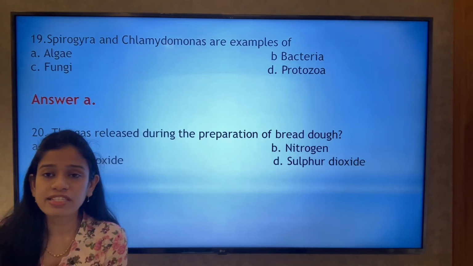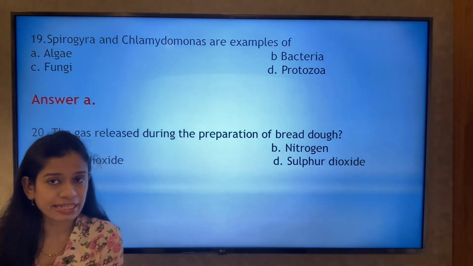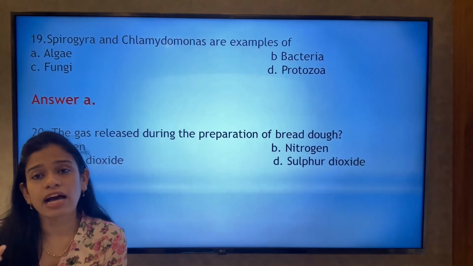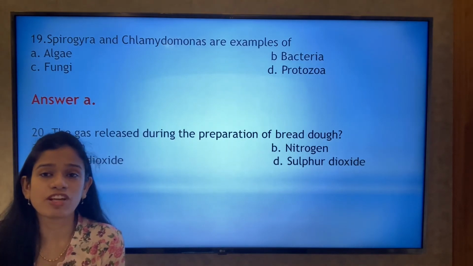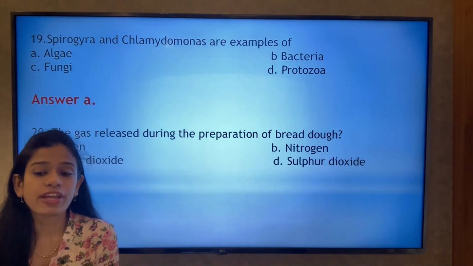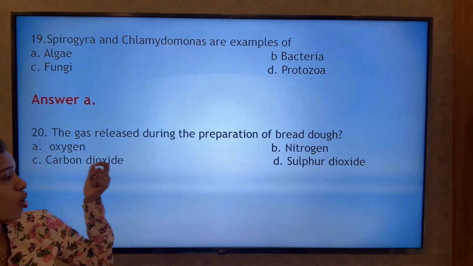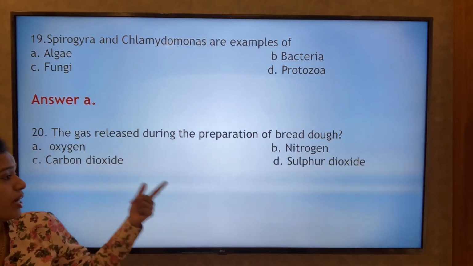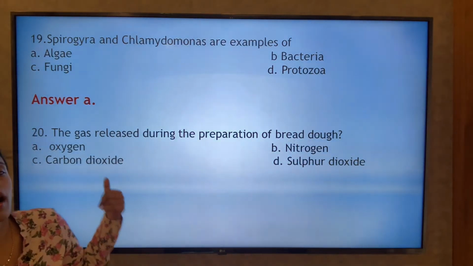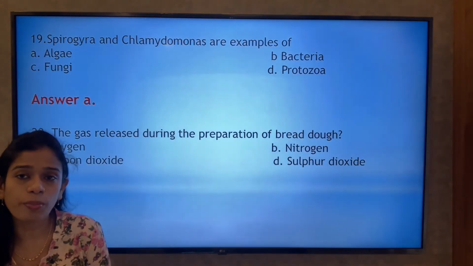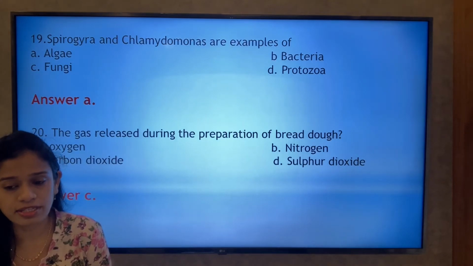The microorganism which is added, that is yeast, starts to grow in number, and while growing it gives out a gas which helps in the rising of the dough. And what is that gas? A oxygen, B nitrogen, C carbon dioxide, D sulfur dioxide. The correct answer is C, carbon dioxide, which is formed during the rising of the dough.